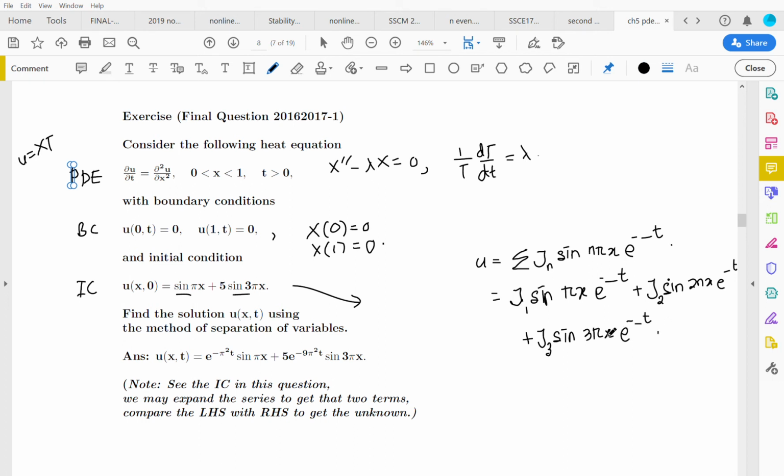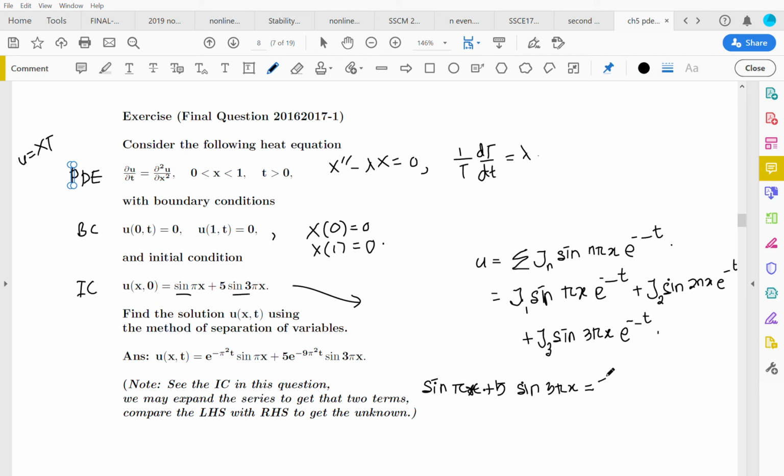So when t equal to 0, we can substitute u as this one. On the left it becomes sine pi x plus 5 sine 3 pi x. On the right, the exponent with t equal to 0 gives exponential 0, which is 1, so all the exponentials will be eliminated.